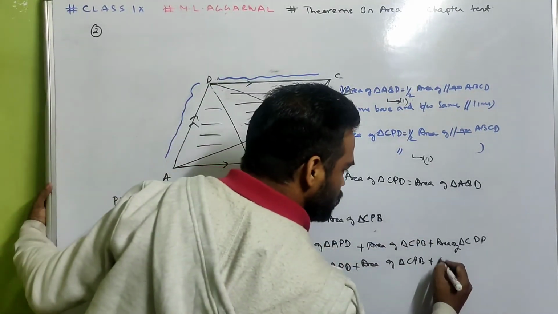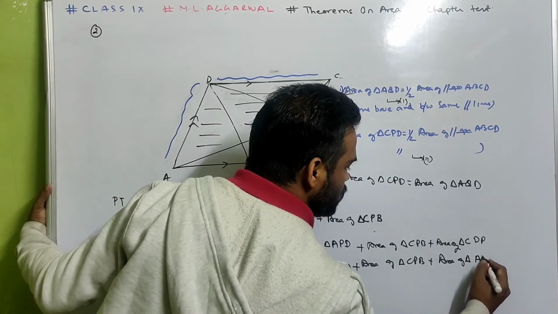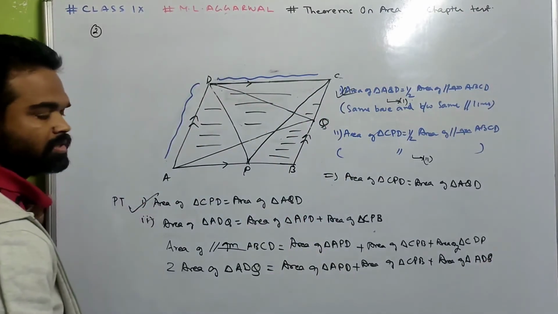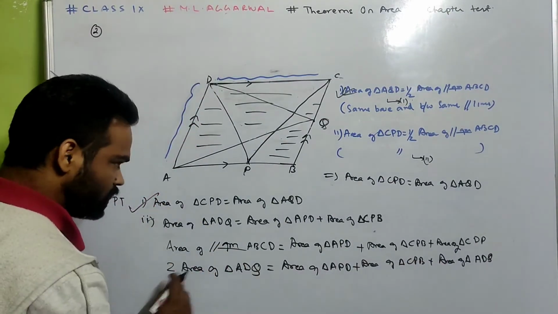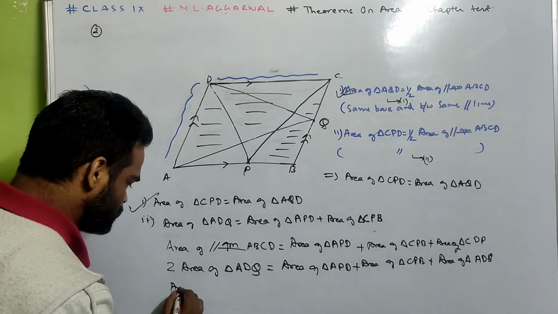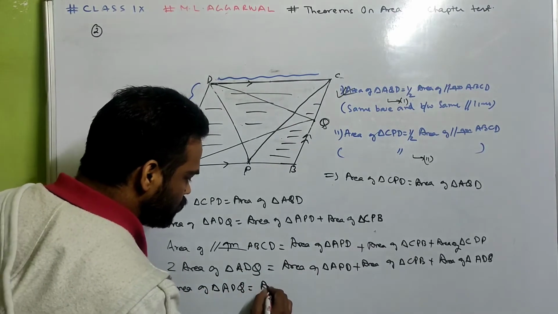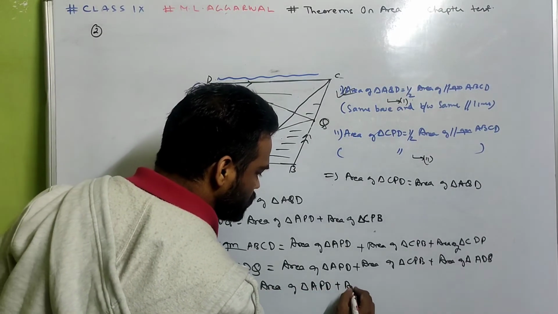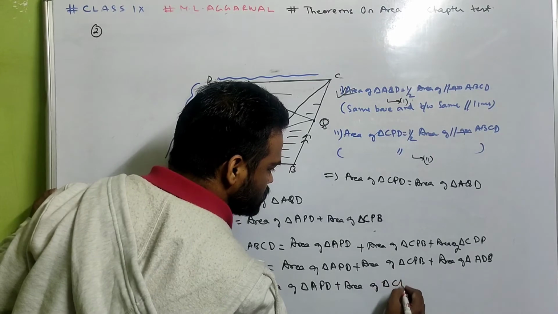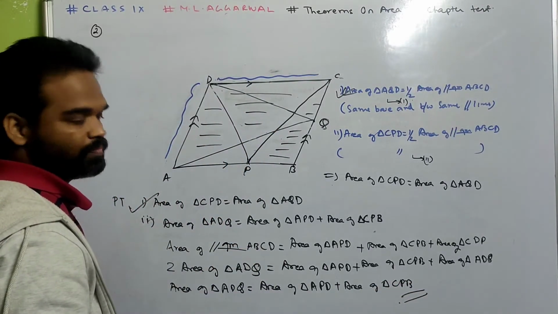Yes. Area of triangle ADQ. Can I write? Yes or no? Now, twice. This comes over here. Minus. So, 2 times minus 1 time. So, 1 time remains. So, area of triangle ADQ is equal to area of triangle APD plus area of triangle CPB. This is what we were supposed to prove.